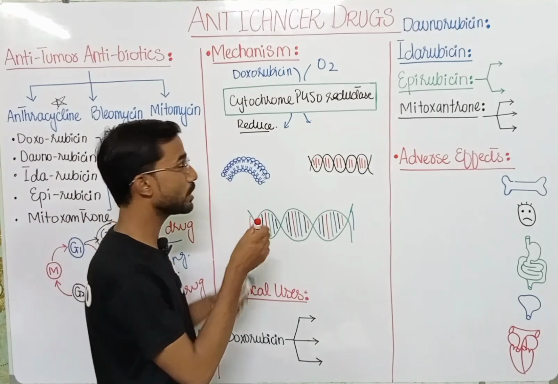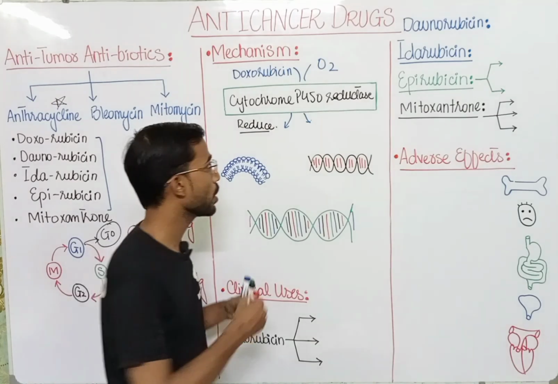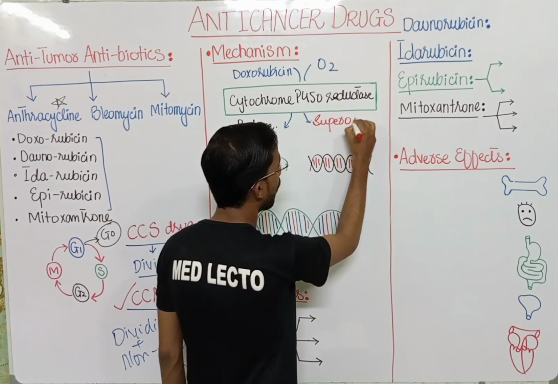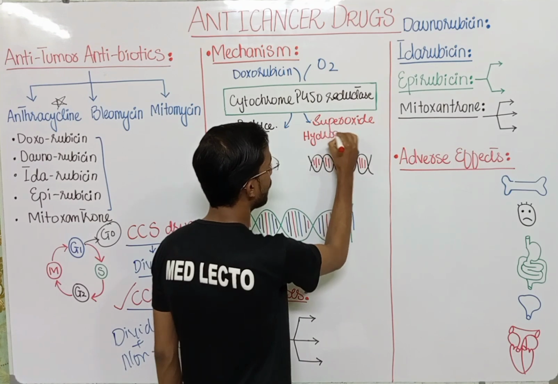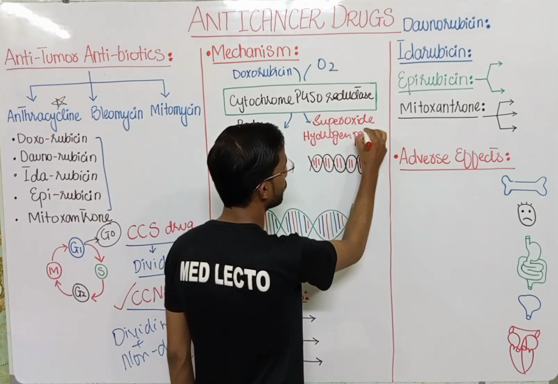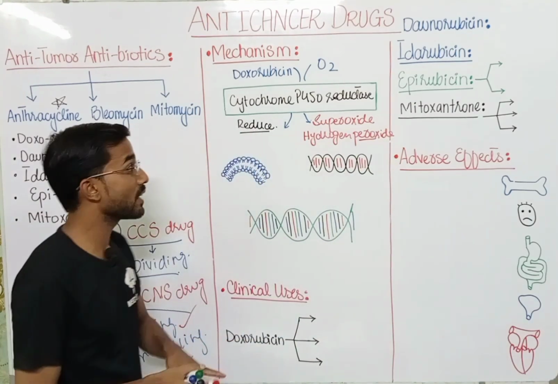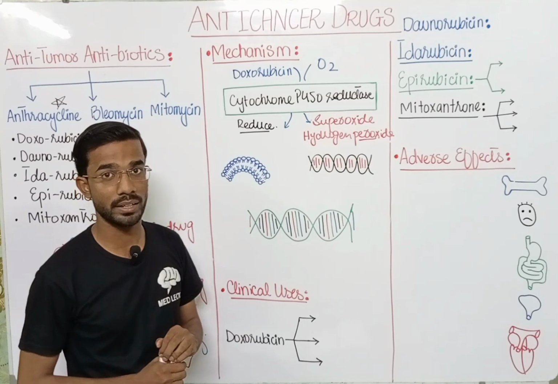And next you will see the two most important, you will see the production of free radical species. You see the superoxide and the hydrogen peroxide. So these are basically the free radical species, and these free radical species are dangerous to different factors.